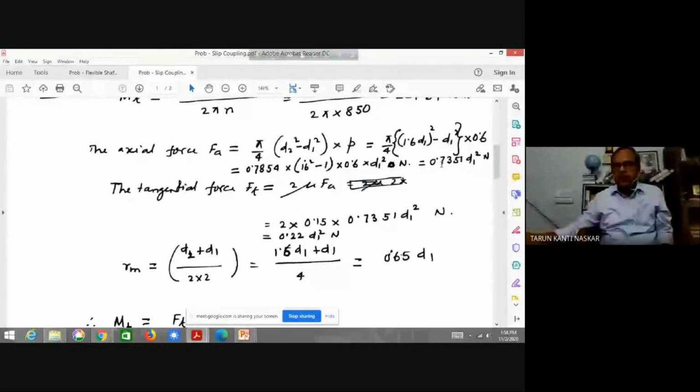0.7351 d square Newton. Now the tangential force, since we are considering two pairs of frictional surfaces, is equal to twice mu Fa.